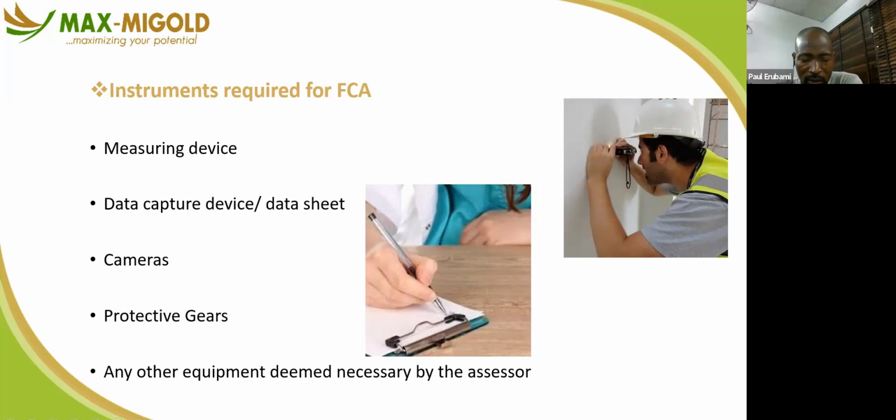Your data sheet, where you will be jotting down all the information that you are trying to gather. Then safety, your protective gear with your PPE, safety boots and other necessary equipment that you think you need for that assessment. These are all what you need to have in place before you commence your assessment.